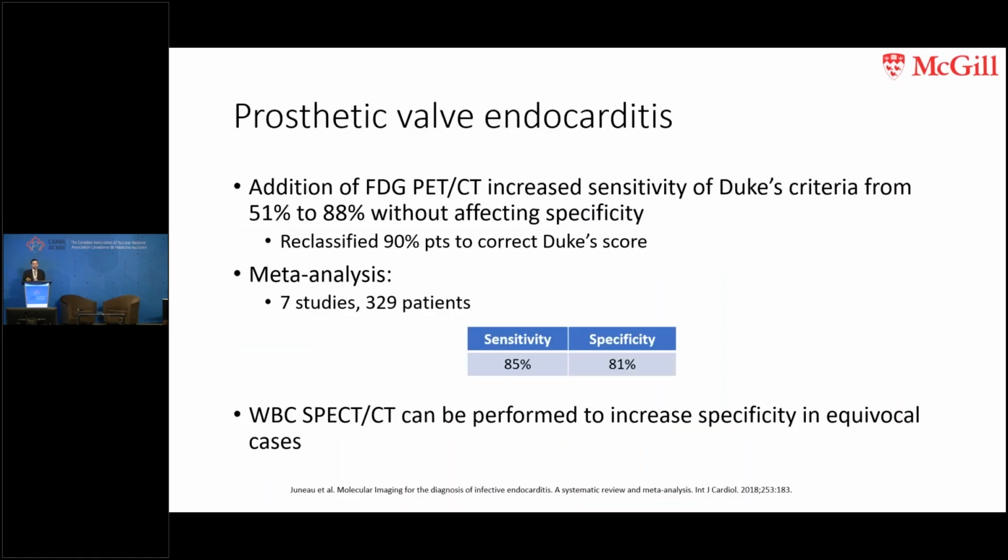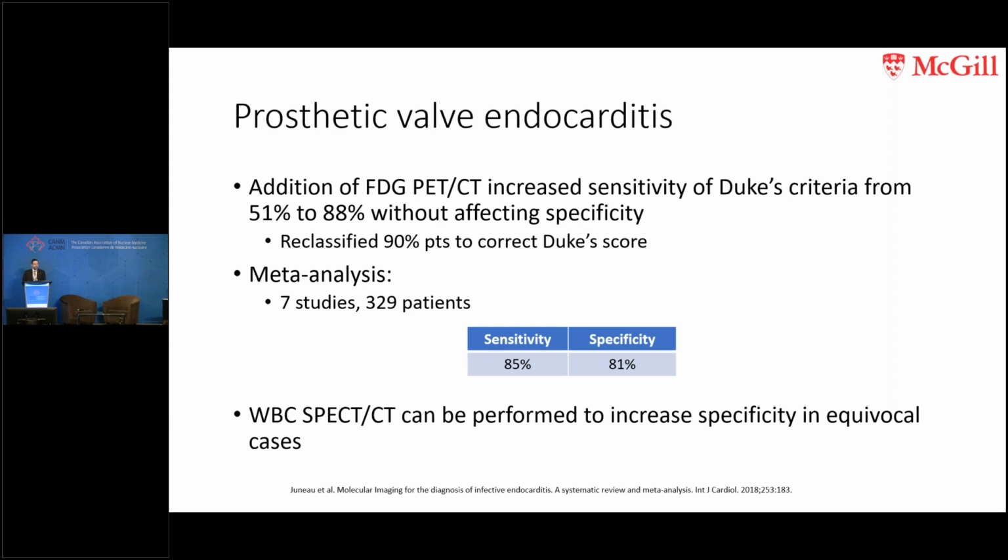So in the setting of prosthetic valve endocarditis, it is now relatively standard that the use of PET scans increases the sensitivity of Duke's criteria much higher, from 50 to 88%, and reclassifies the patients to the correct Duke scores. In a meta-analysis, the sensitivity of FDG PET for prosthetic valve endocarditis is 85% with a specificity of 81%.